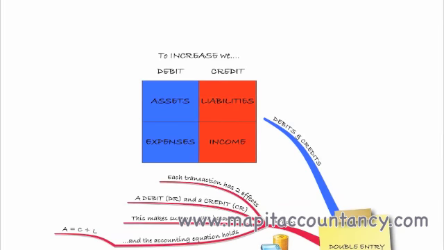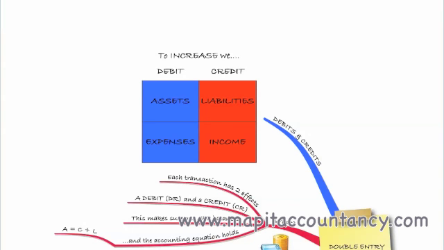So you need to know that to increase assets, we debit them. To increase expenses, we debit those. Whereas to increase our liabilities, we credit those. To increase income, we credit them. So our assets are a debit balance, our liabilities are a credit balance.